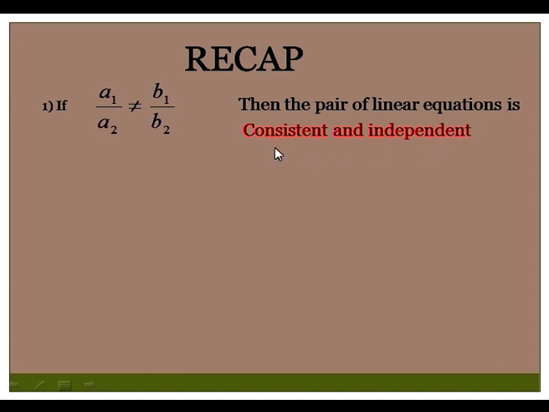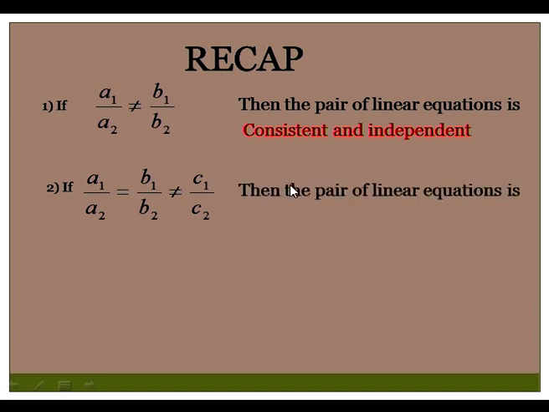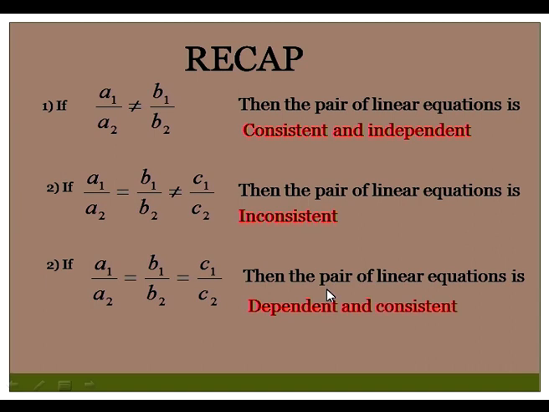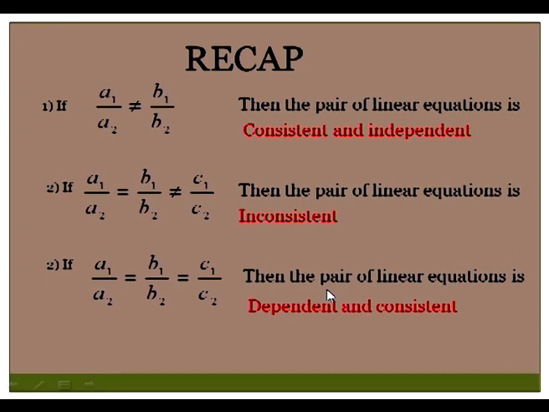If a1/a2 = b1/b2 but not equal to c1/c2, then the pair of linear equations is inconsistent. And the third condition, a1/a2 = b1/b2 = c1/c2, then we can say that the pair of linear equations is dependent and consistent.